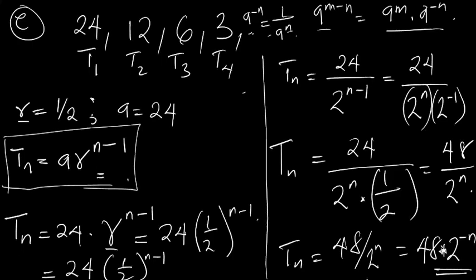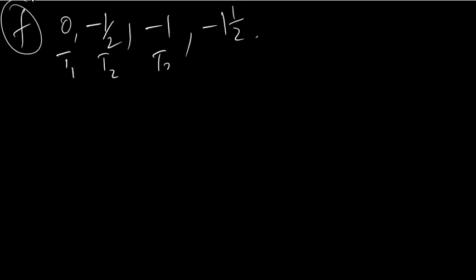So now let's look at the F part of the question, which is the final problem. So now we have 0, minus 1 over 2, minus 1, minus 1 over 2. Now this is the first term, the second term, third term, and the fourth term.